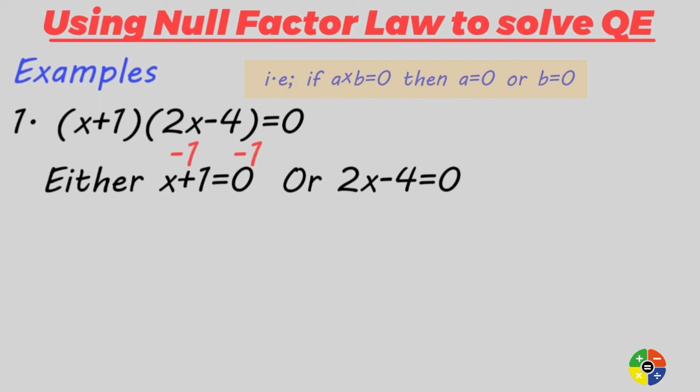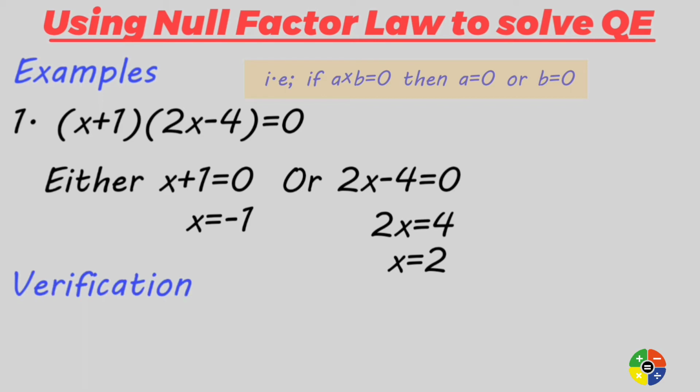Subtracting 1 from both sides of the first equation, we have x is equal to -1. Now, adding 4 to both sides of the second equation gives 2x is equal to 4. Finally, dividing both sides by 2 yields x is equal to 2. Now, let's verify this result by substituting these values of x into the equation.